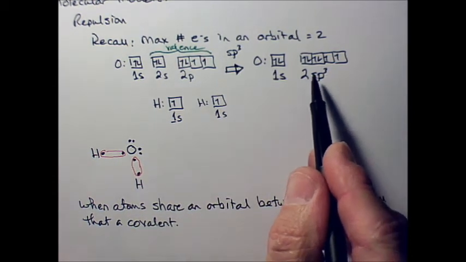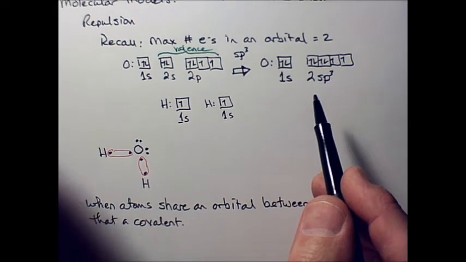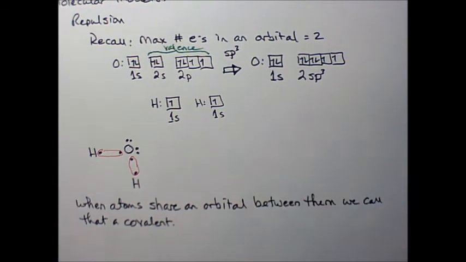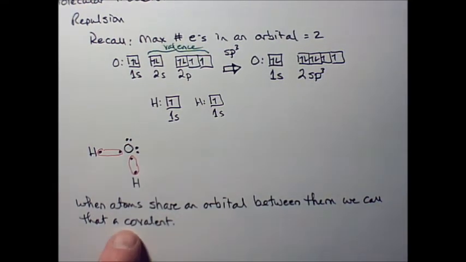That's the valence energy level, the highest energy level for that atom. Covalent meaning two valence. We're sharing electrons in the valence energy level of that atom. That's why we call it covalent. We call that a covalent bond.